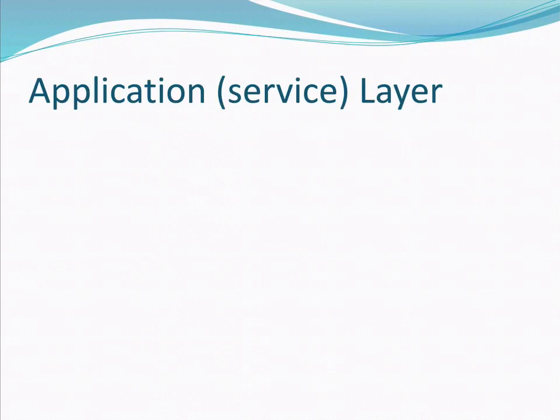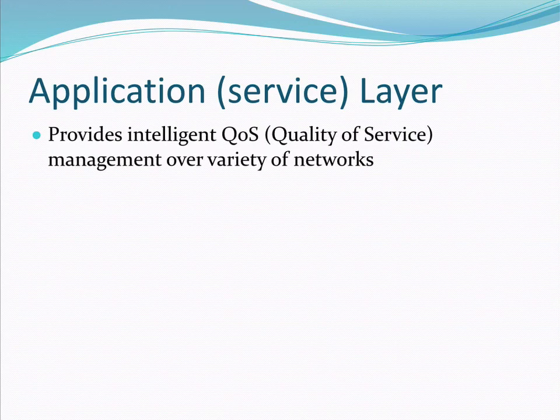Now we'll see what is the application or service layer. Application means like the GUI, user interface, how we can access the device, how we can interact with the device. It is providing intelligent QoS, quality of service management, over a variety of networks.